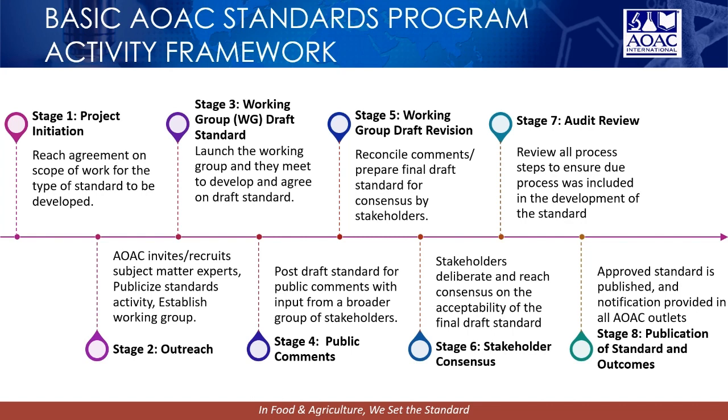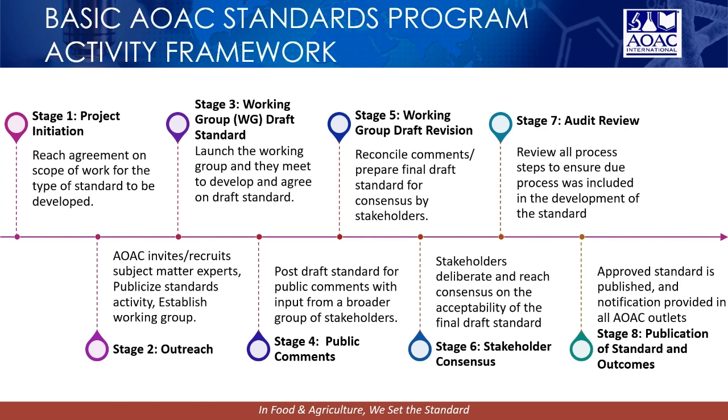of the draft standard. In stage 7, there is a review. Once the standard has reached consensus by the stakeholder community, AOAC reviews to ensure all due process has been adjudicated and included in the development of the standard.